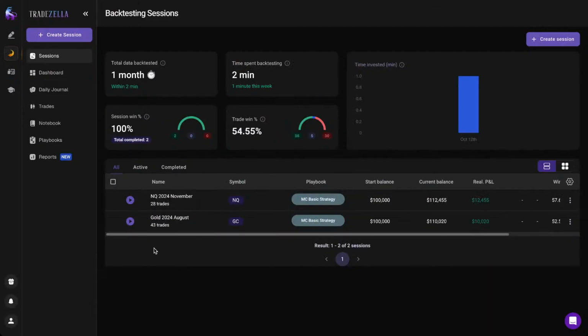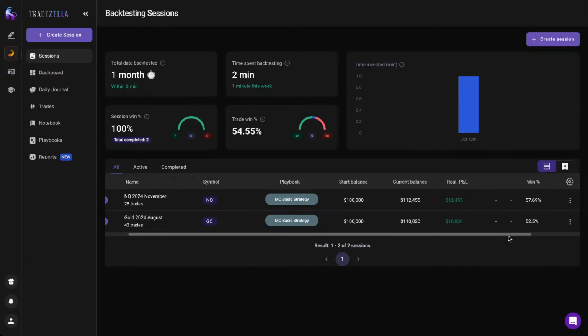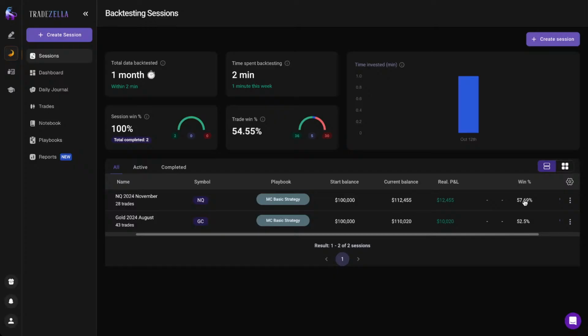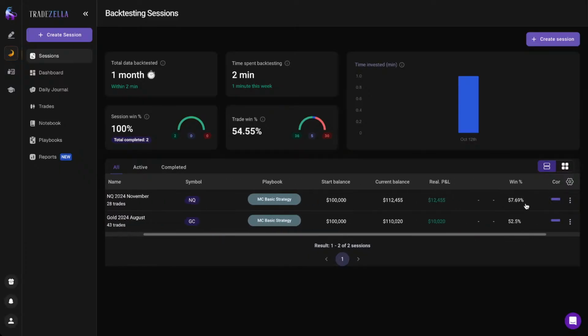Here we go. Here are the numbers for you. Gold, 43 trades, $10,000. NQ, 28 trades, $12,000. Look at that, the win rate went up. You know why?